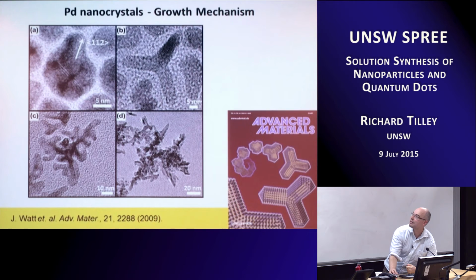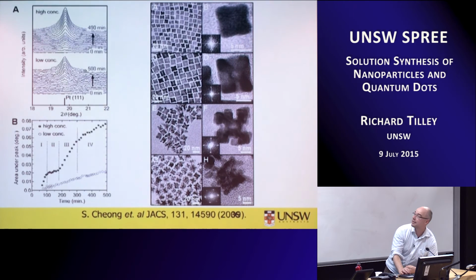So this is some palladium structures that, again, we could really follow and make some different structures and shapes with different growth mechanisms. And this is with platinum. So again, with platinum, just watching how we can turn, say, from this shaped particle and following all the growth mechanisms of how we end up with different shapes again. So that was nickel, palladium, platinum.